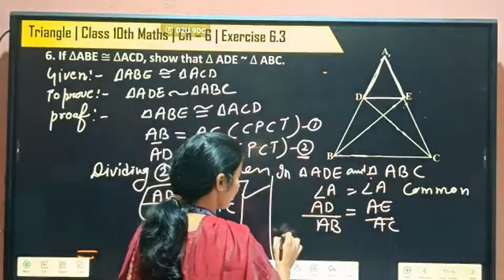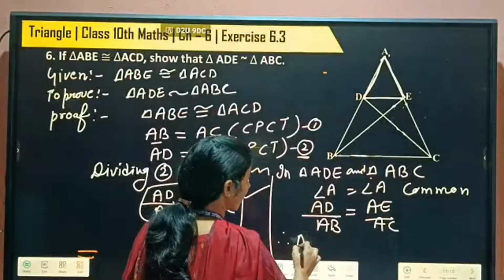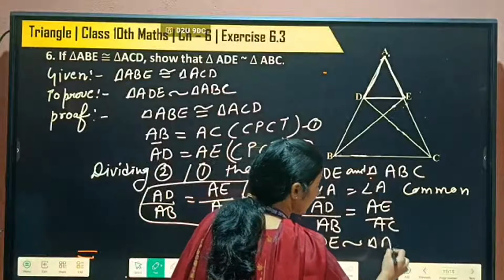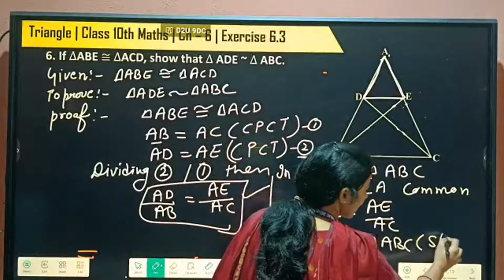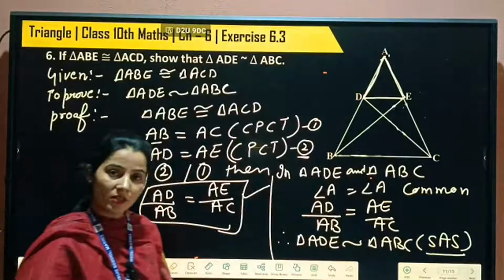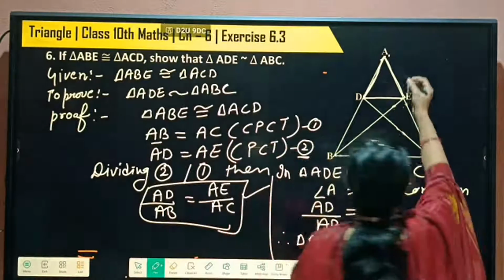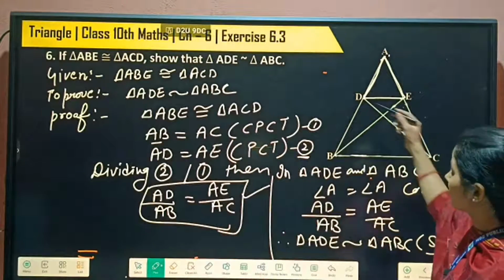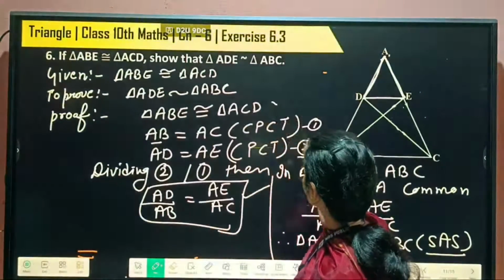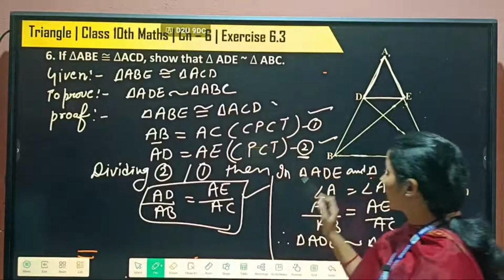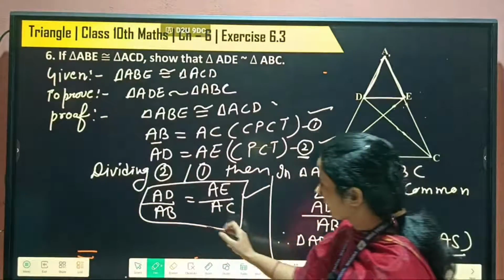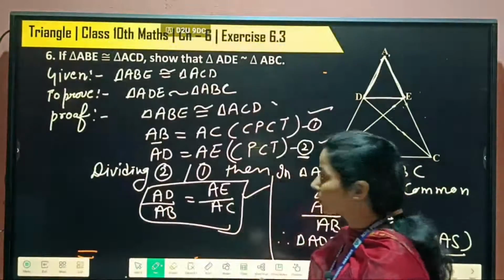Then I can say triangle ADE is similar to triangle ABC by side angle side similarity. What is given to us? These triangles ABE and ACD are congruent. Then by corresponding parts of congruent triangles, I divide the two equations, 2 by 1, and get AD by AB equals AE by AC.